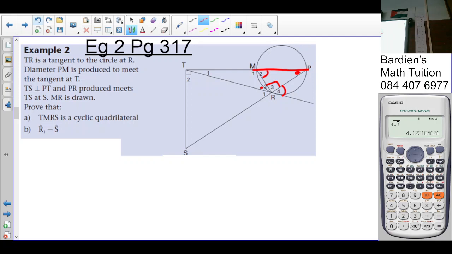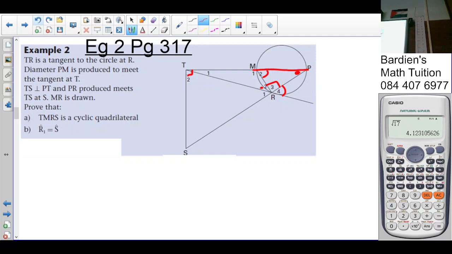Nice. Then we are told that TS is perpendicular to PT, 90. So what can we see from there? R3 is equal to STP, or STM.